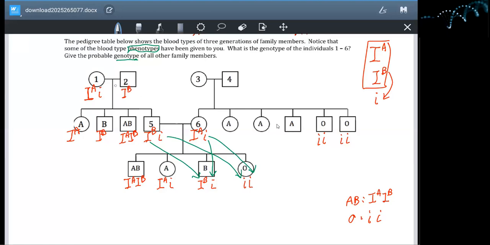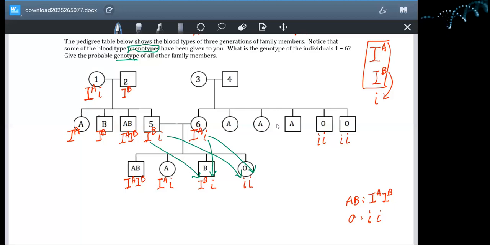Now what could this individual be? Well, let's think through this. For this son, she can give big IB, he can give big IB, she can give little i. For this son, he can give big IA, she can give big IB.